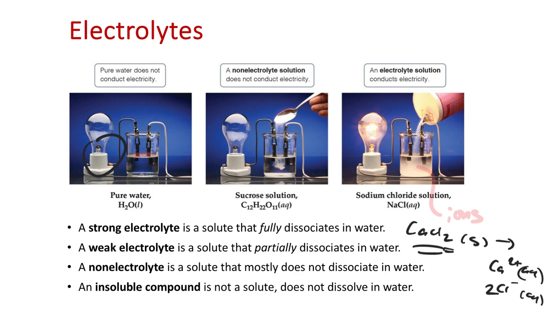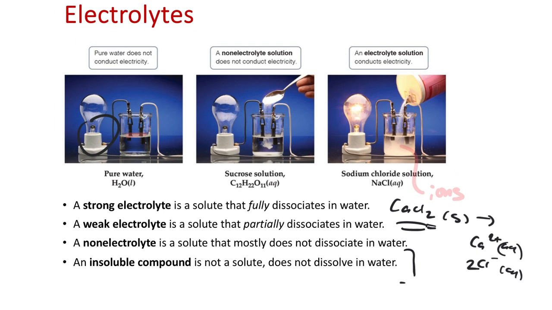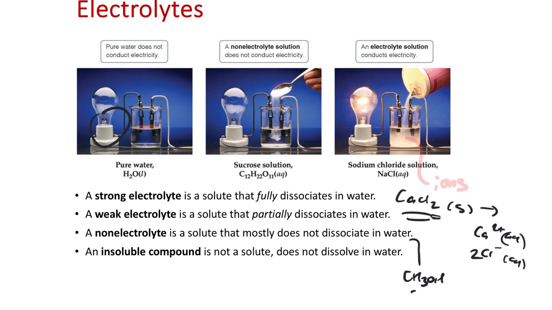A weak electrolyte is something that will partially light the light bulb up. We'll see a few examples of that in a moment. Then a non-electrolyte is something that does not dissociate. Our examples so far of non-electrolytes would be things like methanol that we saw on the slide, and then sugar. With our eyes here, we saw that the sugar wasn't causing the light bulb to light up.